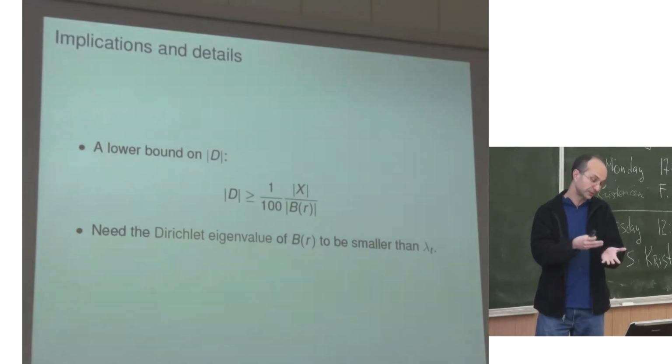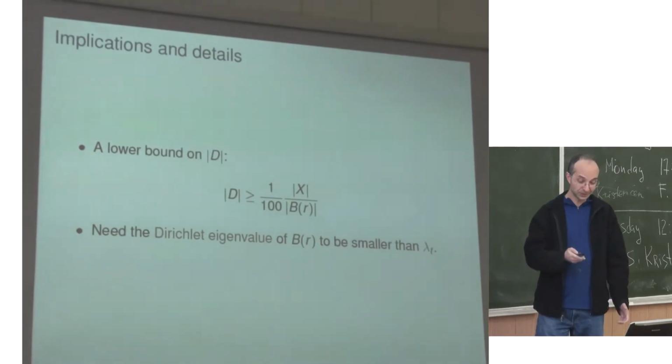Basically, for the graph, we are looking at the Laplacian restricted to the ball, or to the functions supported on the ball, and we want the function that has the minimum eigenvalue. Okay, does that make sense? And this we need to be smaller than lambda.